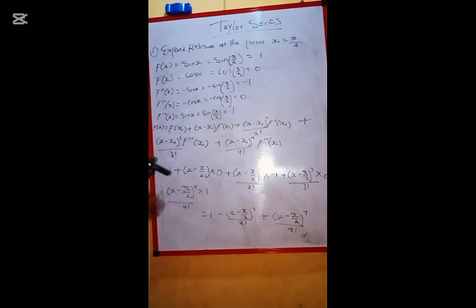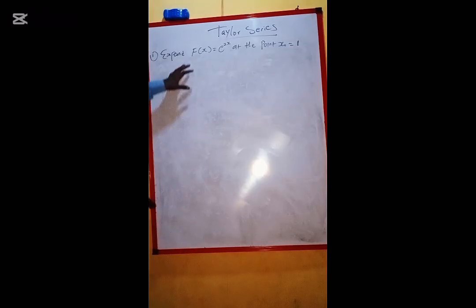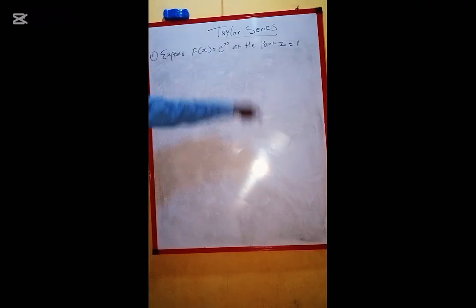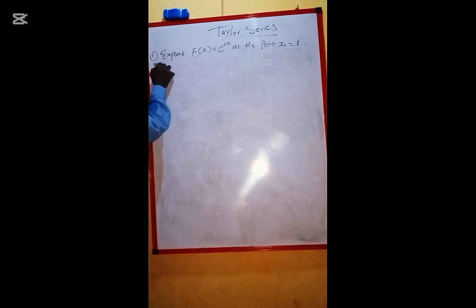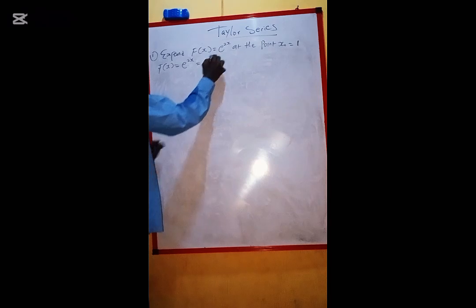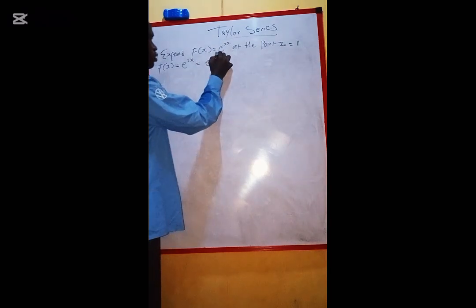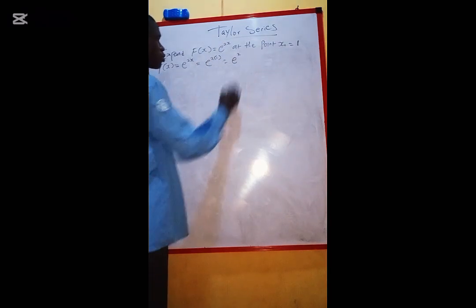Thank you. So let's go to the next question. Expand f of x equals e to the 2x at the point x naught equals 1. It is the same thing, the same steps. f of x equals e to the 2x, and our x is 1, so that is e squared.